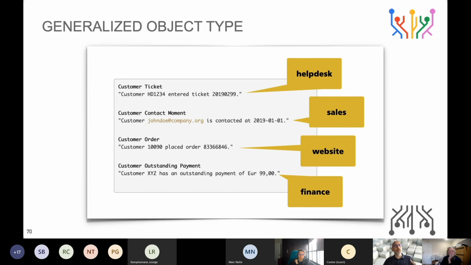So what we try to do is focus on facts, not just on the concept itself. And this illustrates that. We asked the help desk and they said, we have a customer ticket. We asked sales and they said, well, we have a customer contact moment. So nobody really talks about the customer itself, but we can use this to start building information models.